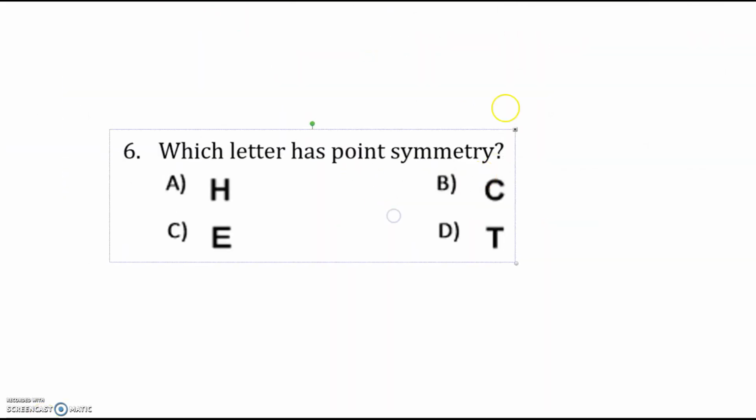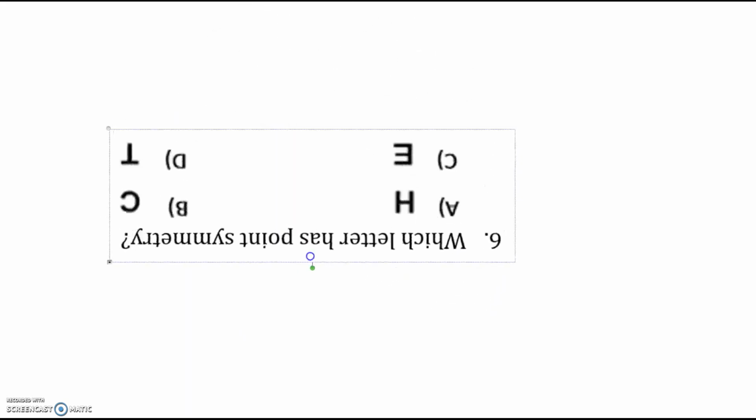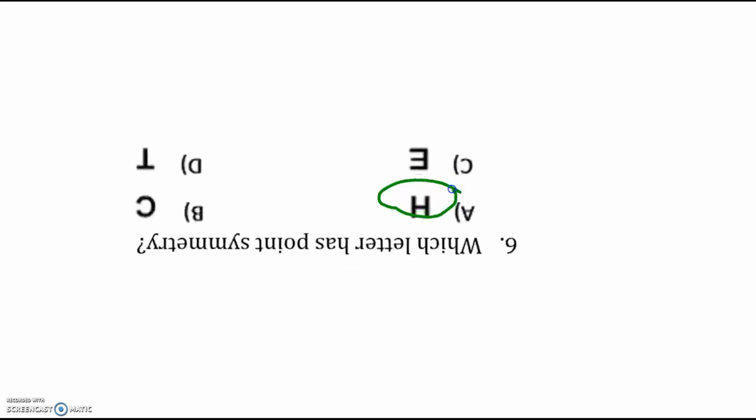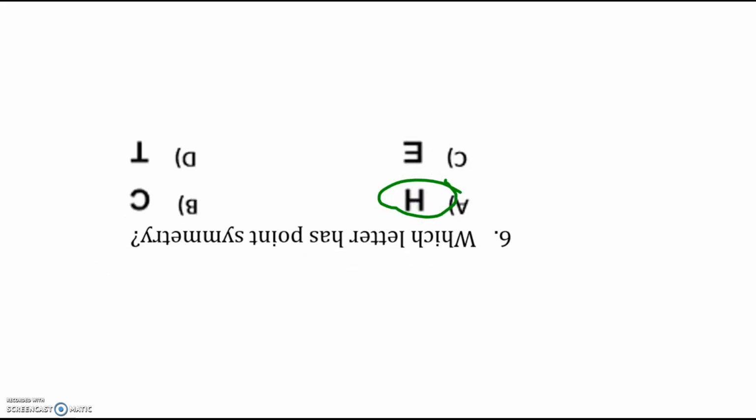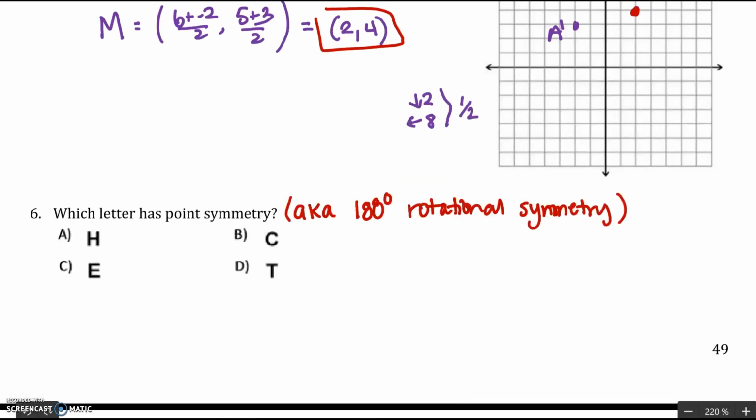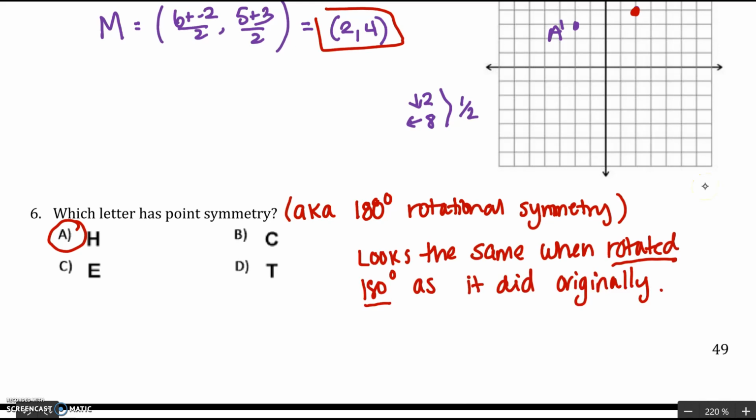If I look at the letters in this choice and turn the entire thing upside down, which letter looks the same right side up as it does upside down? That letter is H, and that's the one that has point symmetry. So it is choice A, because it looks the same when rotated 180 degrees as it did originally.